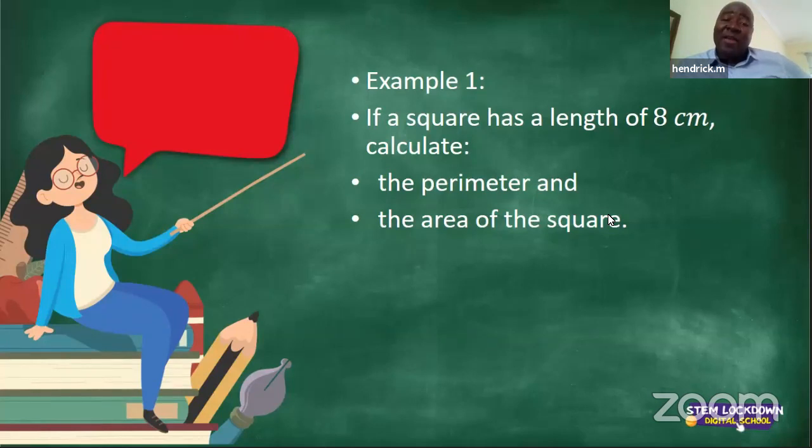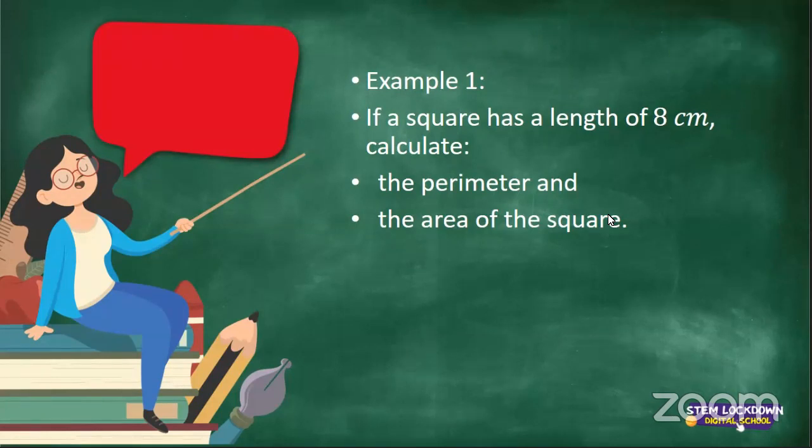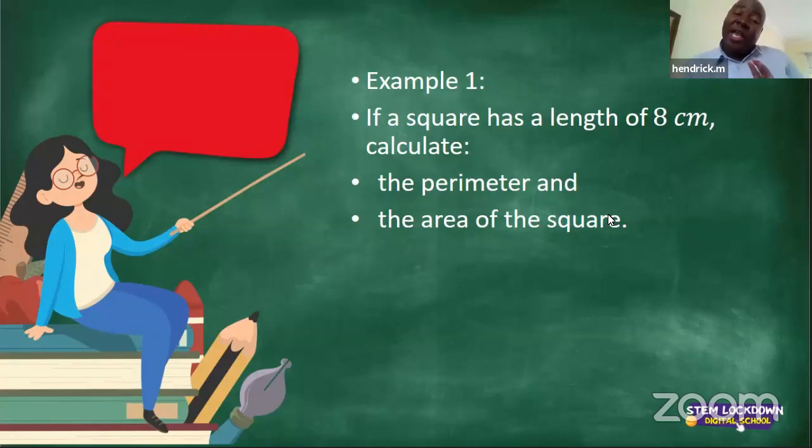The question says, if a square has a length of 8 centimeters. It means we have got a square with a length of 8 centimeters. What does that tell you? It tells you that if one side is 8 centimeters, the other side will also be 8 centimeters, and the other side 8 centimeters. So each side should be 8 centimeters.